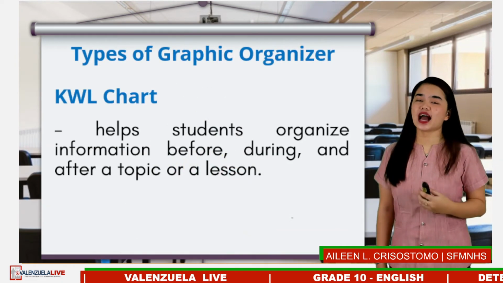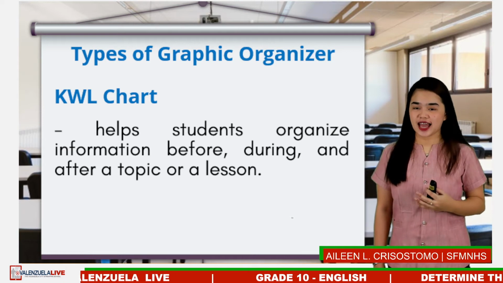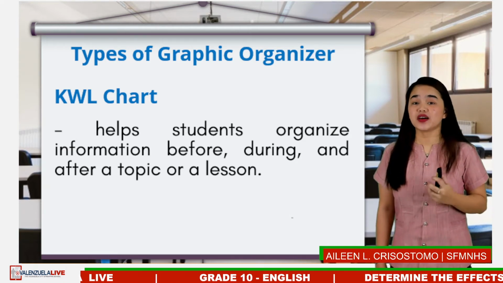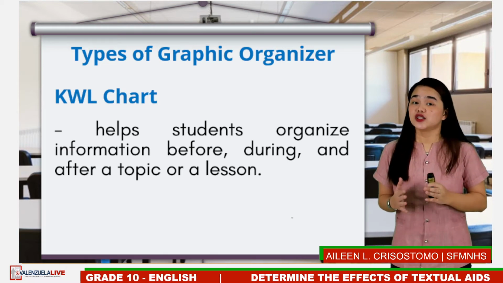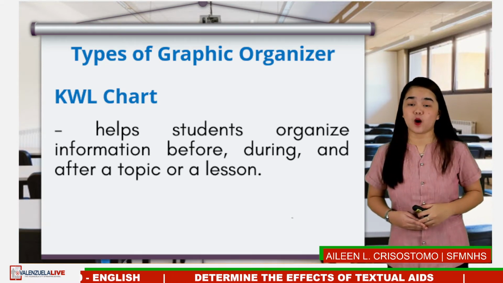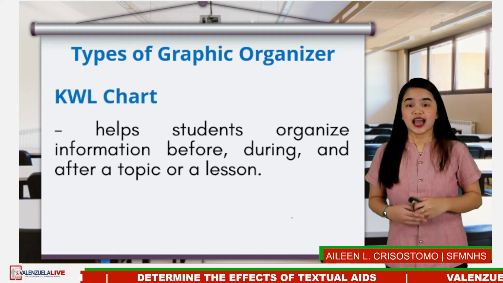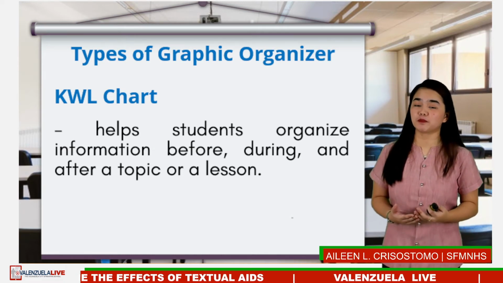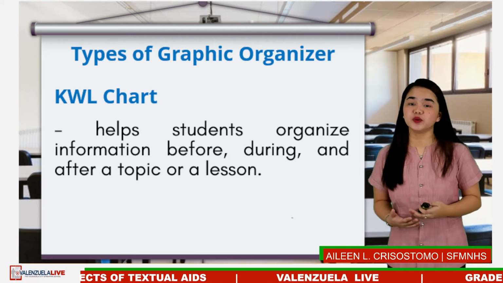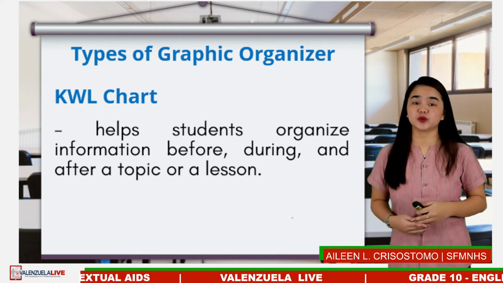And lastly, we have the KWL chart, an advanced organizer that helps students organize information before, during, and after a topic or a lesson. They can be used to engage students in a new topic, activate prior knowledge, share unit objectives, and monitor students' learning.